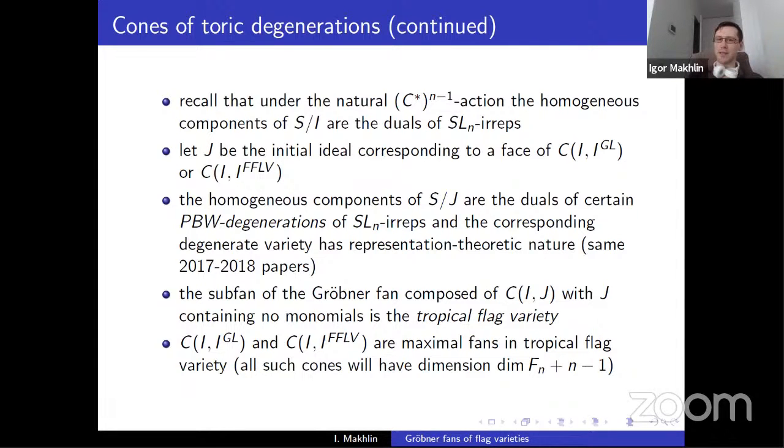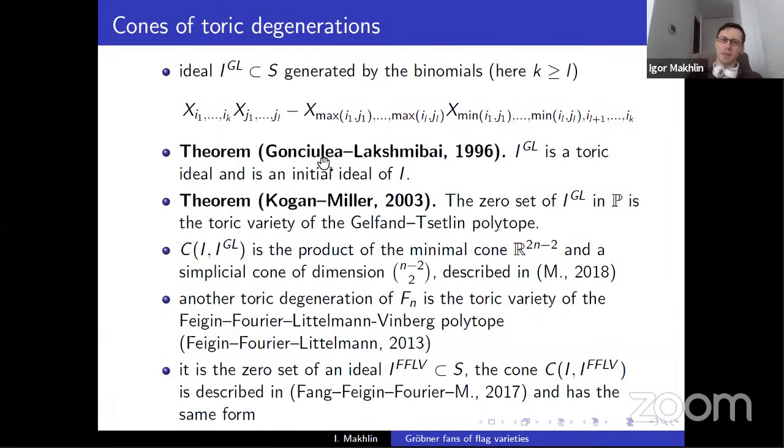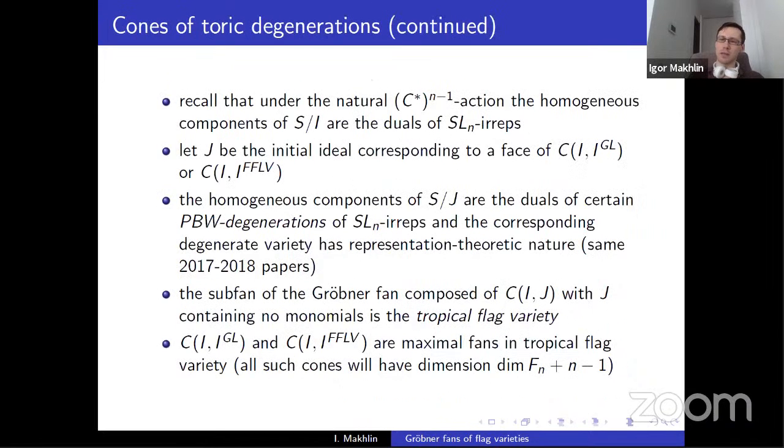So these two papers about the Gelfand-Tsetlin degenerations and the FFLV degenerations study certain classes of PBW degenerate representations, and as an application we obtain descriptions of cones in the Gröbner fan.